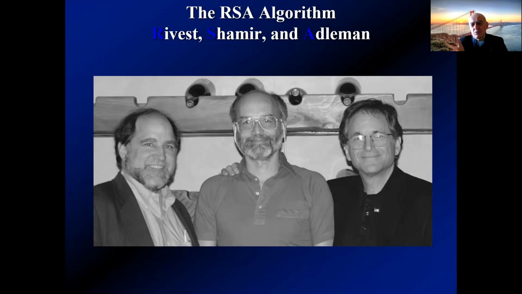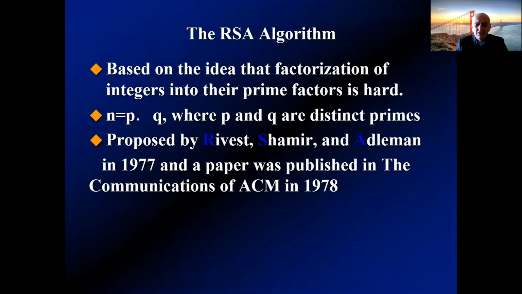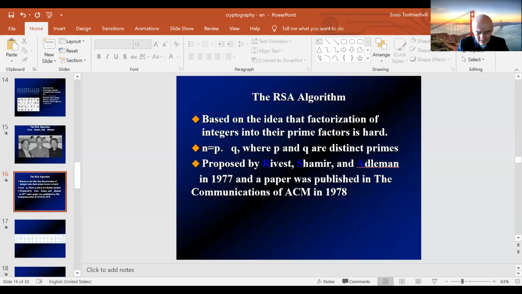And this revolutionary step forward, leap forward, was when these three American mathematicians, Rivest, Shamir, and Adleman, developed a new crypto system, and they published it in 1977.